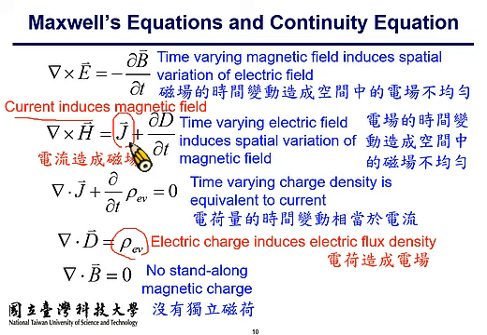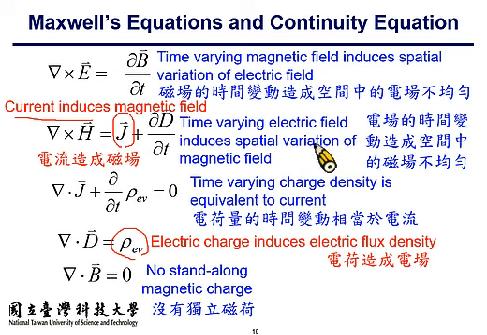The presence of current J induces magnetic field, and the presence of electrical charge density rho induces electrical field.